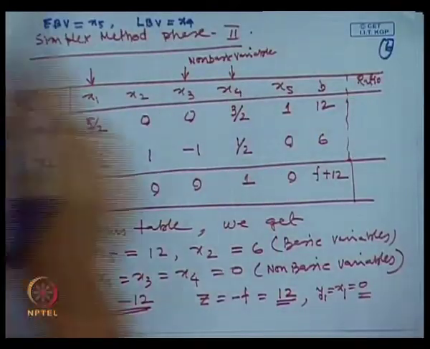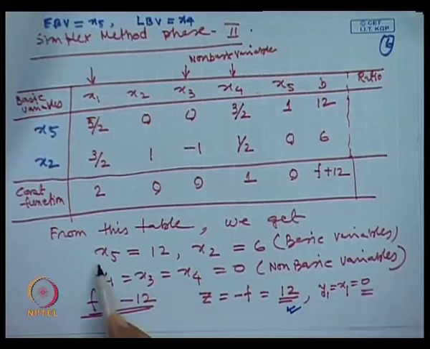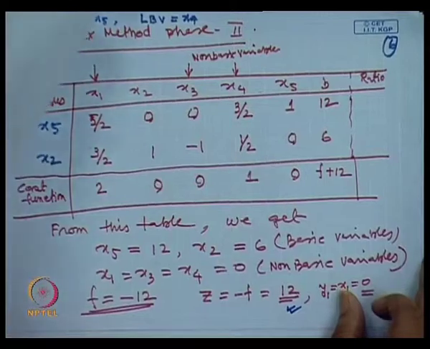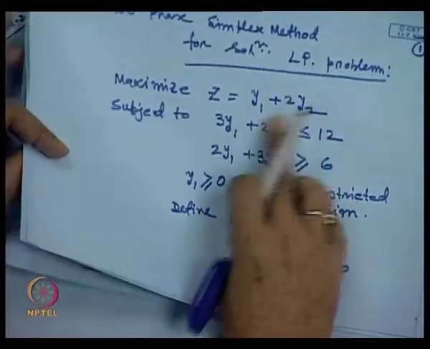After completing the second phase, we got the function value f is equal to 12, and the corresponding variable values x 1, x 2, x 3, x 4, x 5. So, if you look carefully, this is our basic function.